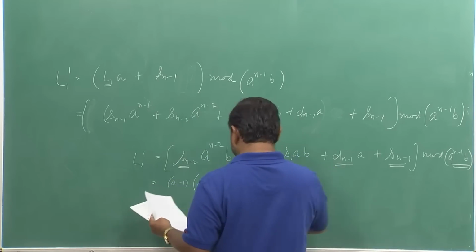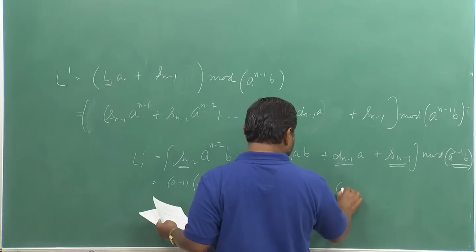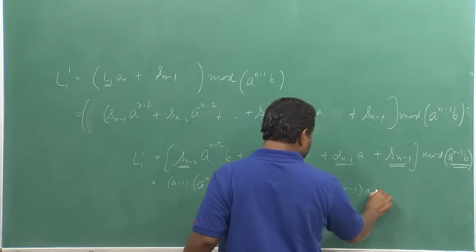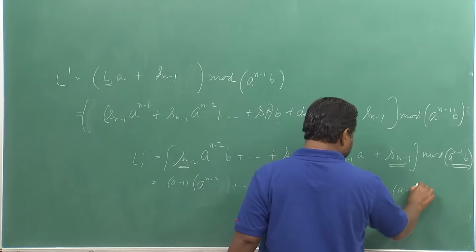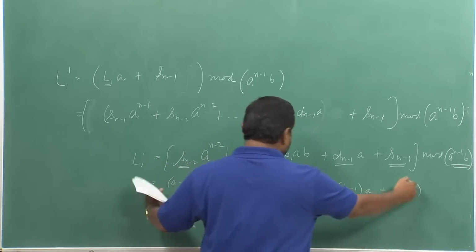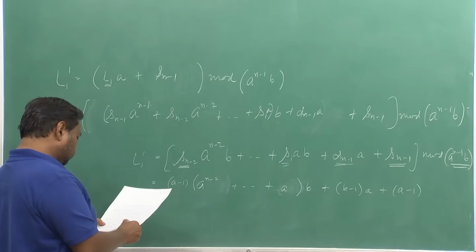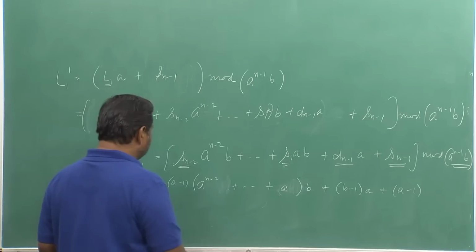A B, in fact B I can always take out here. This one will be consisting of B minus 1 into A plus A minus 1, that is a term which is there inside this. So, I am only considering that currently. So, let us now compute this, what I will get.